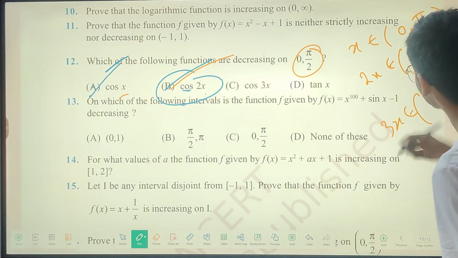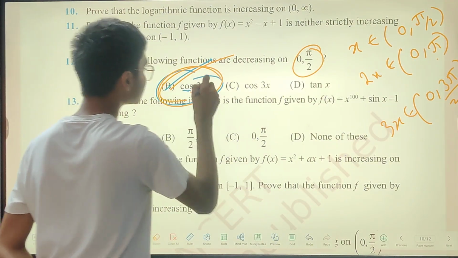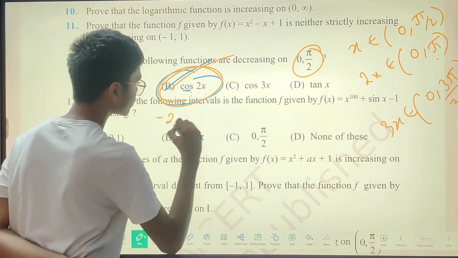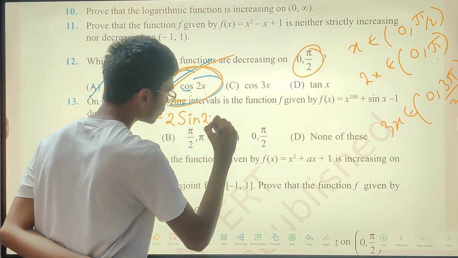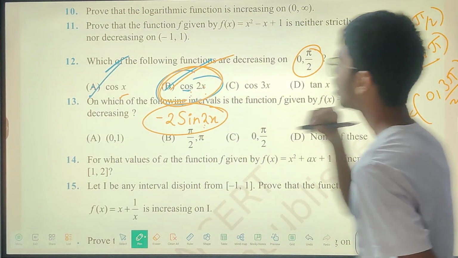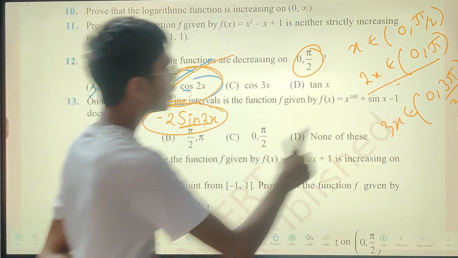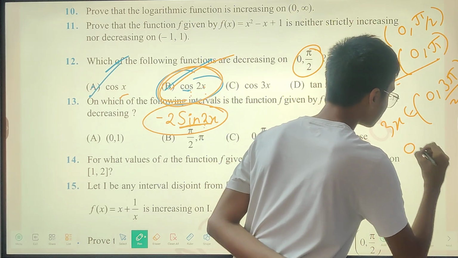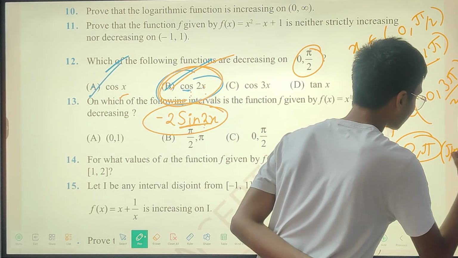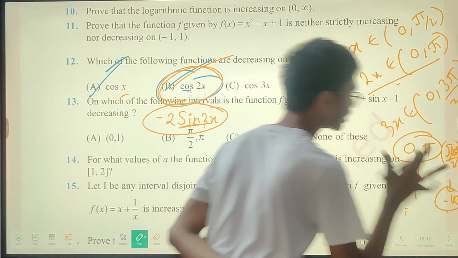This is the reason cos 2x is decreasing, because when you differentiate you get minus 2 sin 2x, and 2x belongs to 0 to pi, where sine is positive, so it is decreasing. But for 3x, from 0 to pi it is positive, whereas from pi to 3 pi by 2 it is negative. So here it is both increasing and decreasing. That is why this one comes.